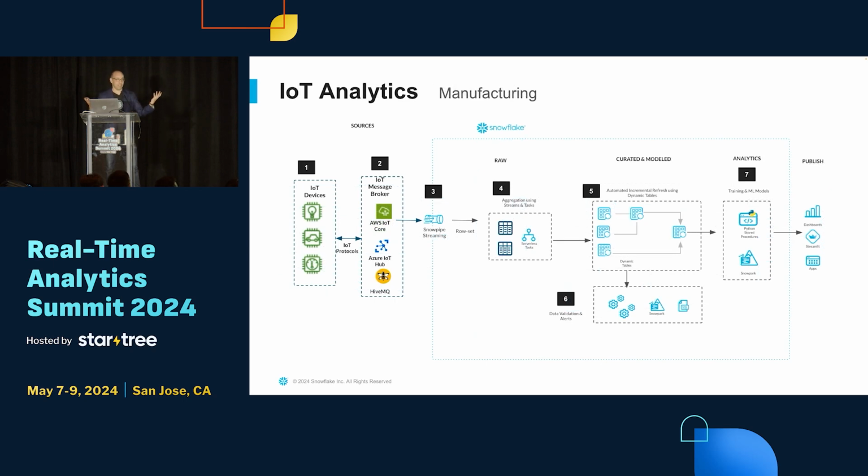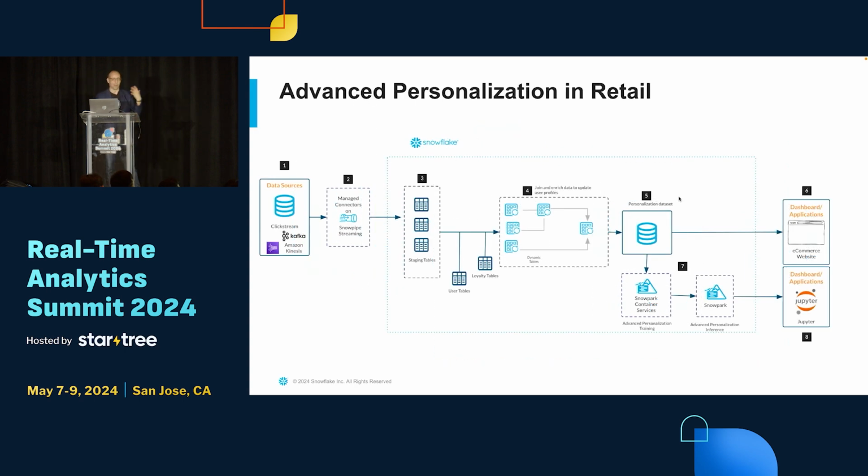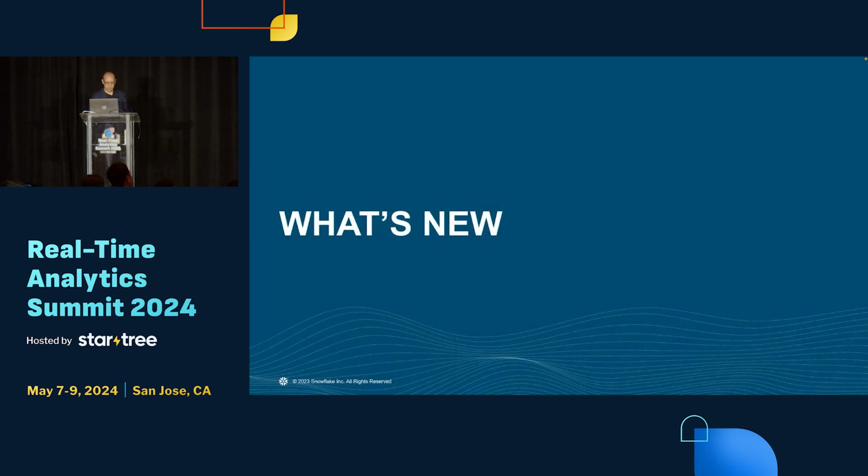IoT, perfect. Yes, I like how it's a very similar diagram, but suddenly it's from your industry, and it looks different. So that's why we work with different industries. We have field CTOs that are focused on each industry. Advanced personalization in retail, of course, Kafka, Kinesis, etc., and working with notebooks, Snowpipe, etc.